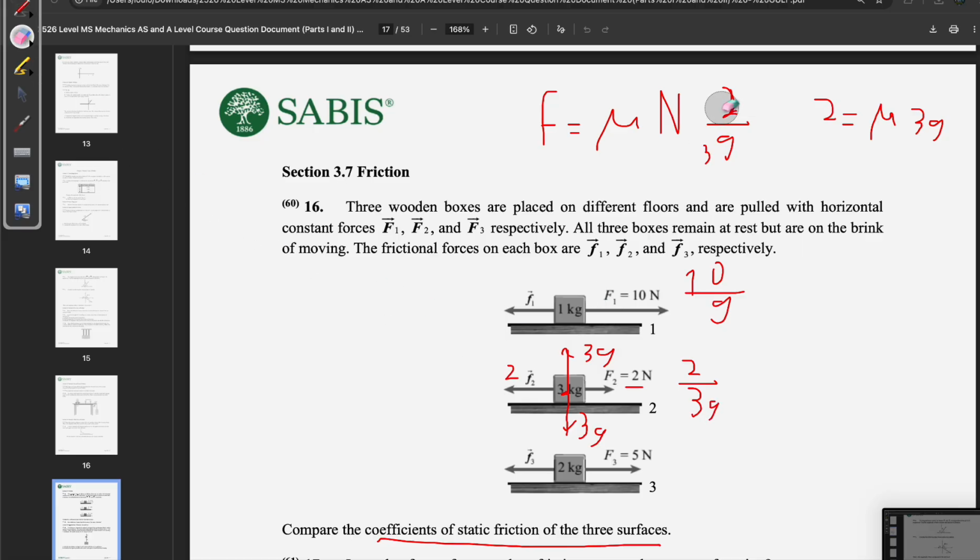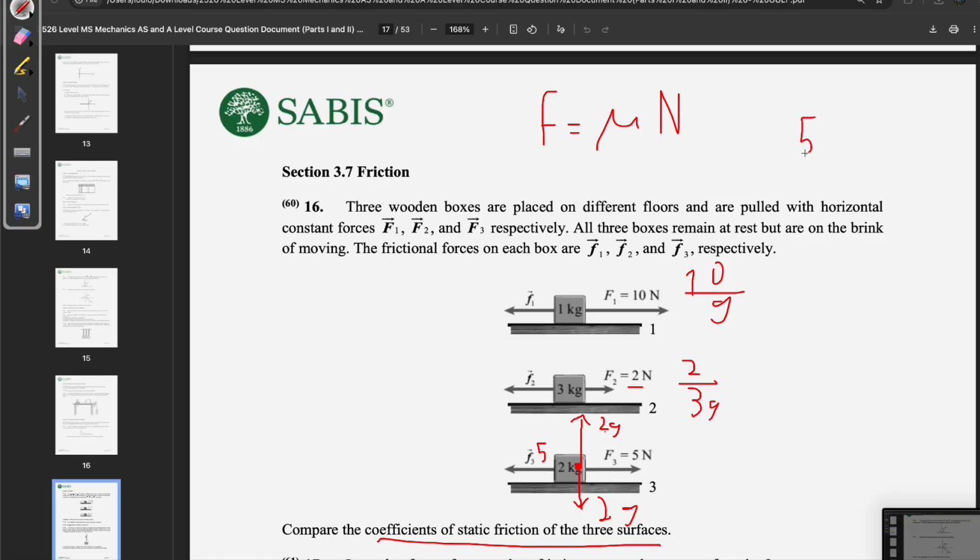Now let's move on to the last one. Again, down we have 2G, which means up we also have 2G. Again, it's an equilibrium, so this should be 5.